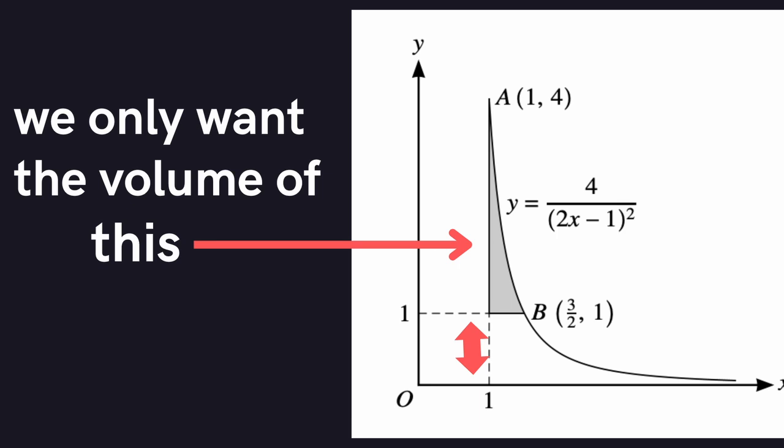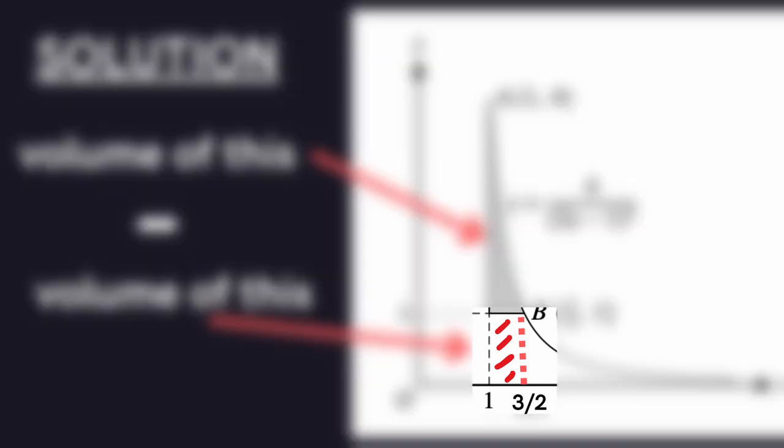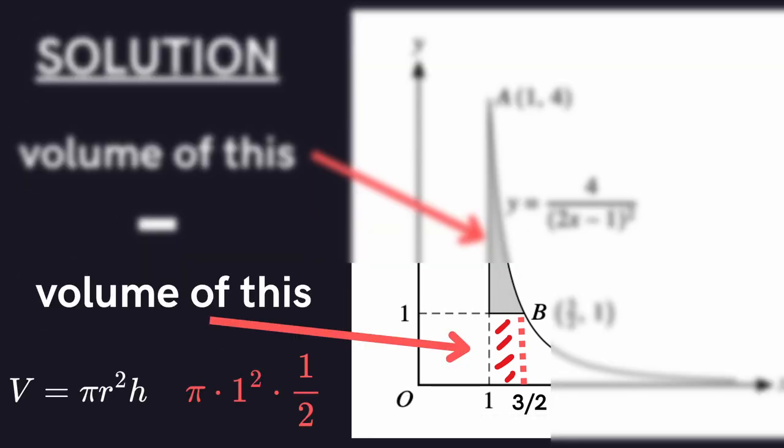Well, the solution to this is to take away the cylindrical bit from the equation. And what's that? Well, that would be the bit encompassed by the area 3 over 2 minus 1, which equals a half. Which when made a 3D cylinder has a volume of pi times 1 squared times a half, which equals pi over 2, according to the cylinder volume equation, pi r squared h.